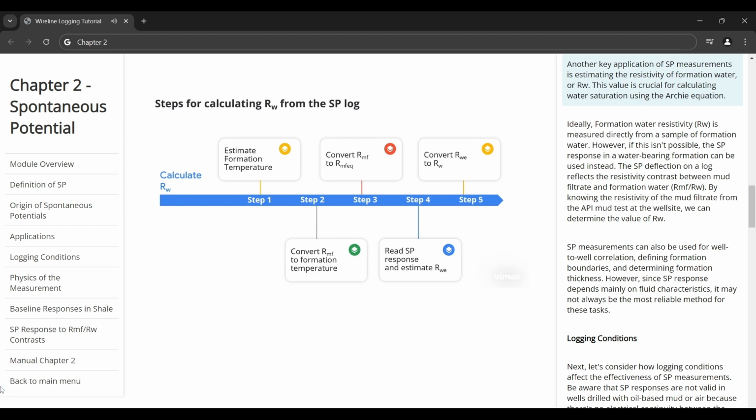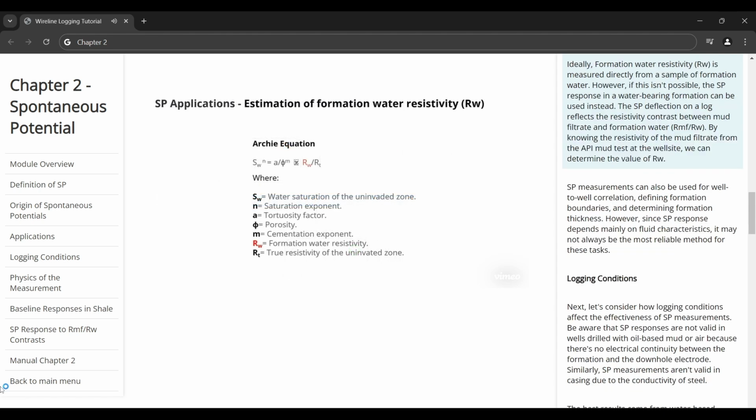This value is crucial for calculating water saturation using the Archie equation. Ideally, formation water resistivity is measured directly from a sample of formation water. However, if it's not possible, the SP responses in a water-bearing formation can be used instead.